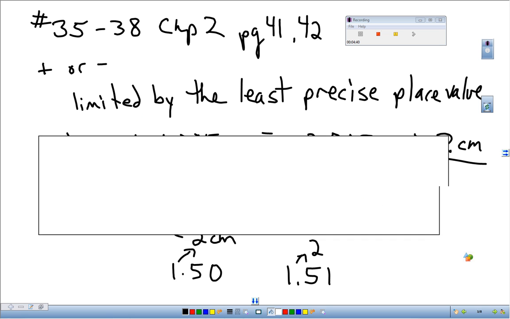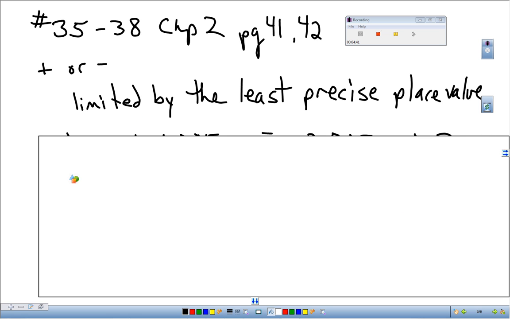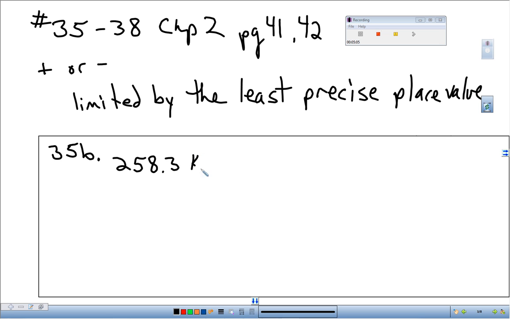Let's do 35B. Can someone read me that one? 0.11?